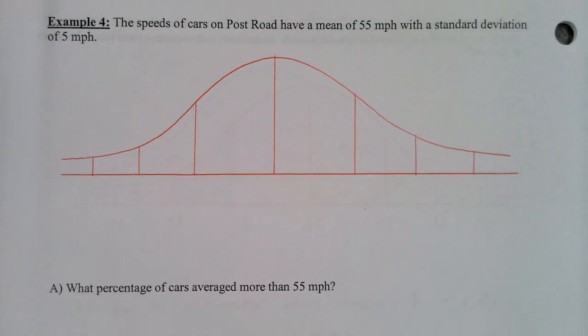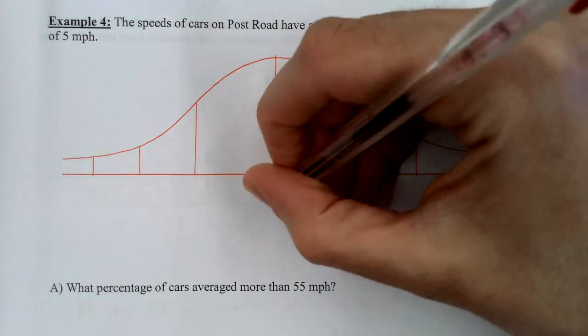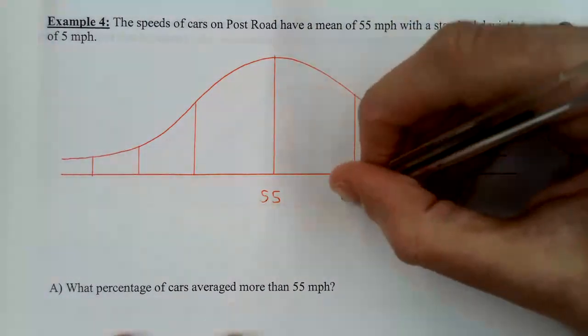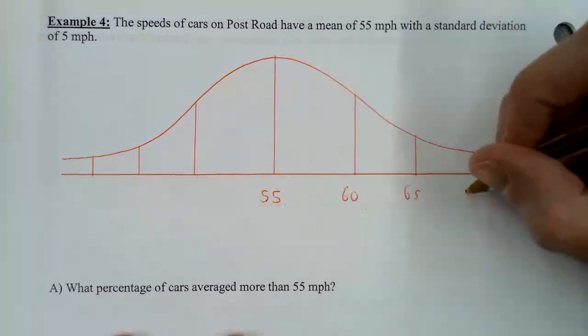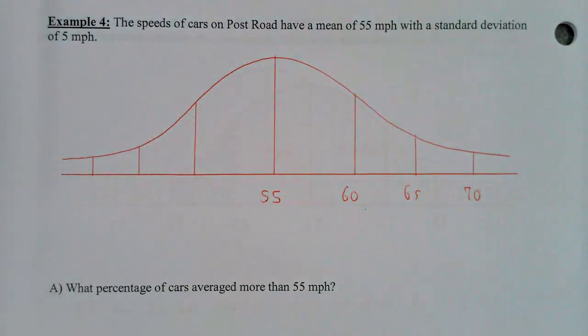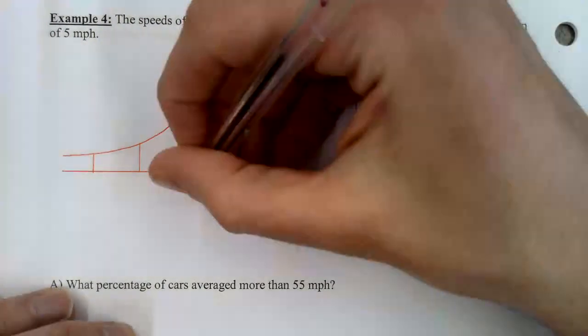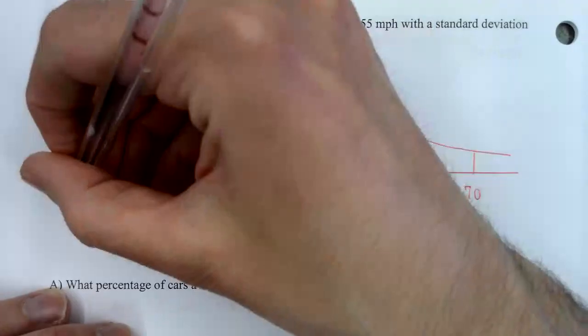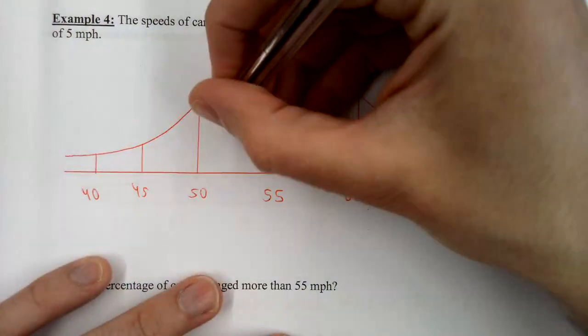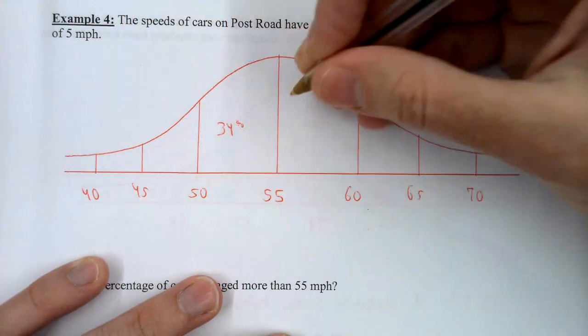The mean is 55. The standard deviation is 5. So 60, 65, 70, 50, 45, 40. And let's label the percentages.